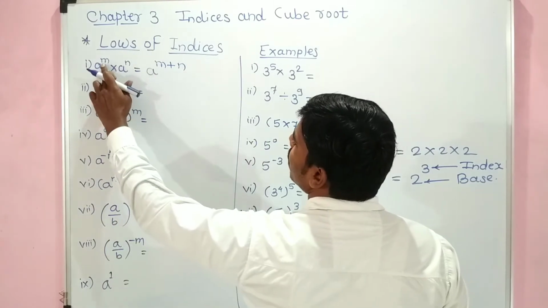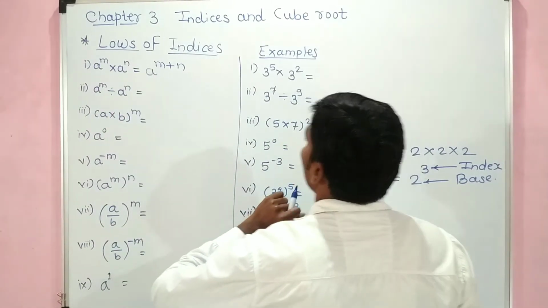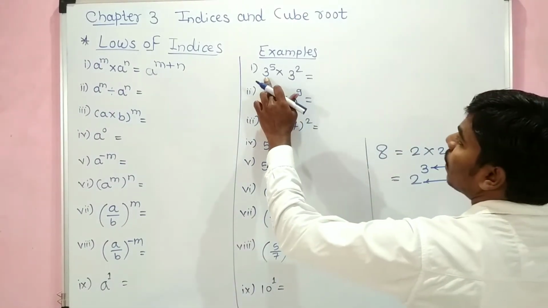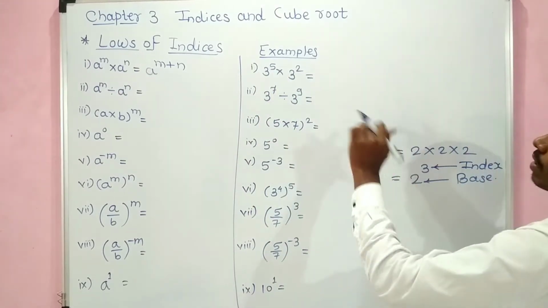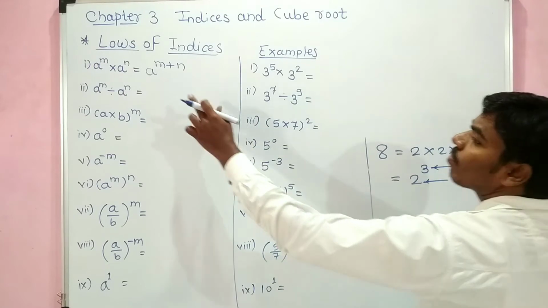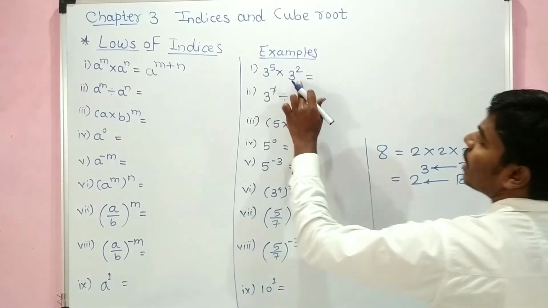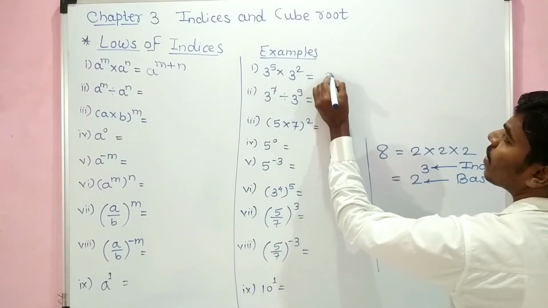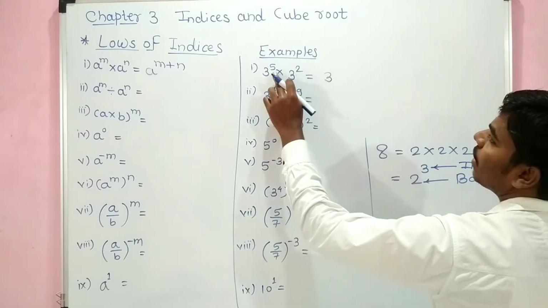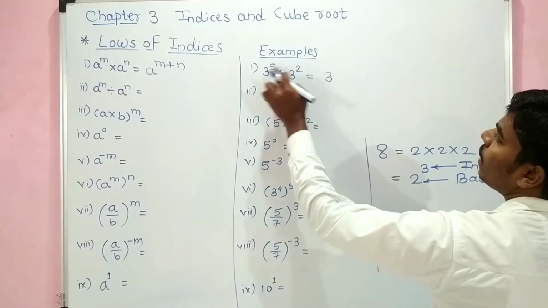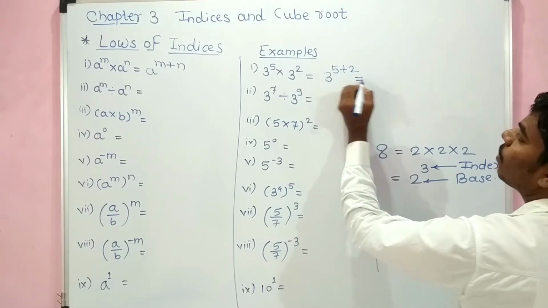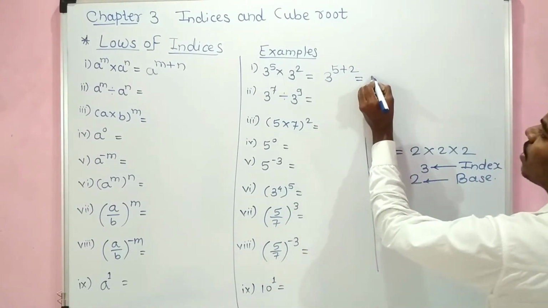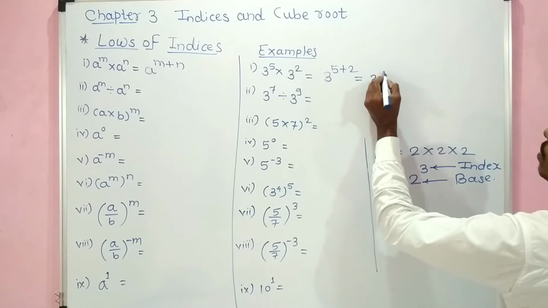It means addition of both indices. For example, 3 raised to 5 into 3 raised to 2. How can we write? By this rule, bases are equal, therefore 3 is base and index, addition of 2 indices, 5 plus 2. Therefore, its answer is 3 raised to 5 plus 2, 7.